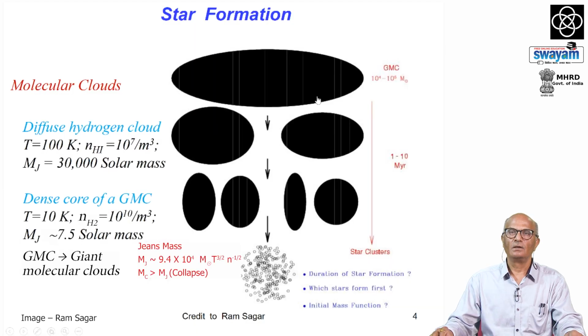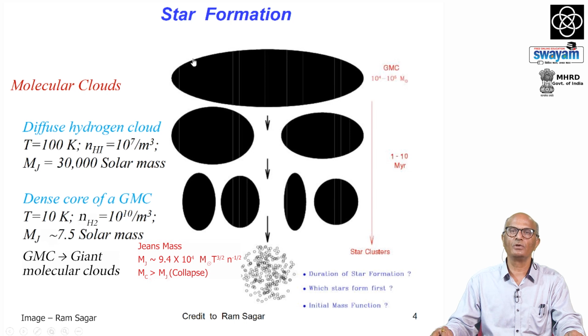Next slide, I am trying to explain briefly about star formation and what the observational support for this is. In fact, we say giant molecular cloud because the mass of these clouds observed in our galaxy ranges from 10 to the power 4 to 10 to the power 6 solar mass.